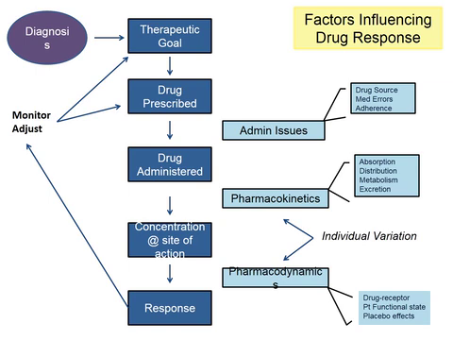Generally, in the process of a patient being prescribed something, the first step is that there's a diagnosis. So someone figures out that there's a problem, the prescriber. Once they figure out that there's a problem, they develop a therapeutic goal.